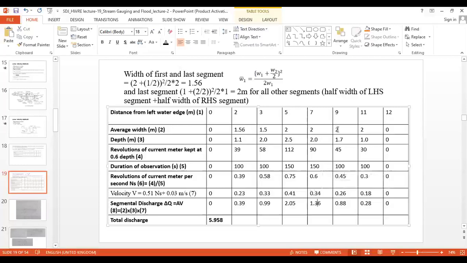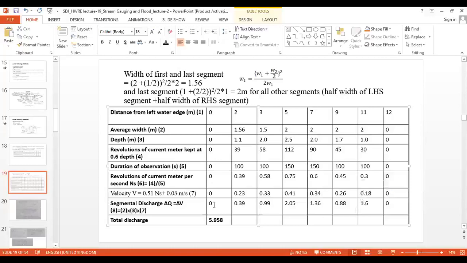Then 2 into 1.7, that is 3.4, into 0.26, gives us 0.88. Now here the value will be different, that is 2 into 0.8, that is 1.6 will be there, isn't it? So here our value changes, this will be 1.6. And the last will be 0.